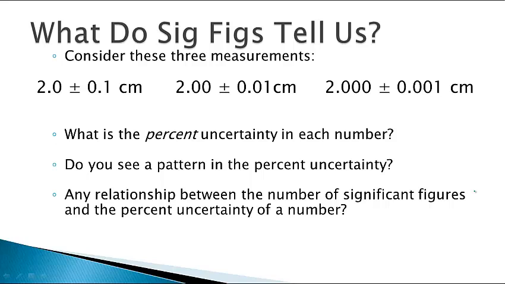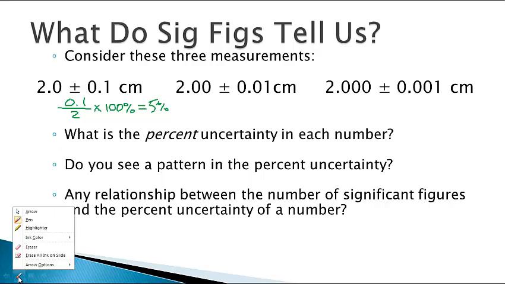Well, in this first number, 2.0 plus or minus 0.1, my percent uncertainty is going to be 0.1 divided by 2 times 100%. So what's 0.1 divided by 2 times 100%? 5%. So in that first case, there's 5% uncertainty.